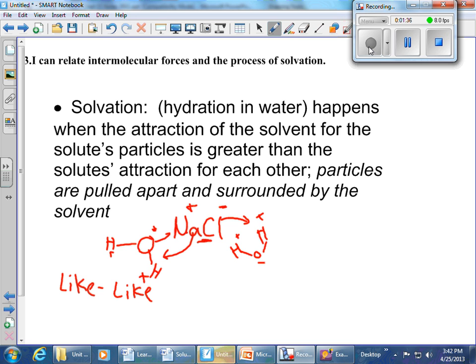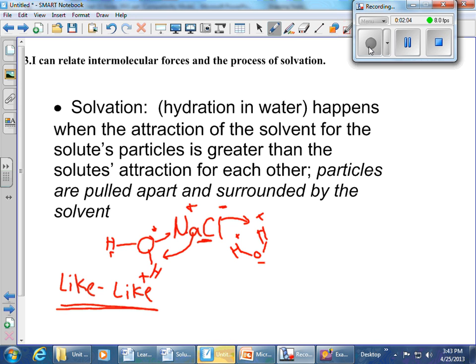On the other hand, oil does not have positive or negative ends on it whatsoever, and that is why water and oil don't mix. Likes dissolve likes. If you have the same type of molecule, polar substances will pull apart polar, nonpolar will pull apart nonpolar.